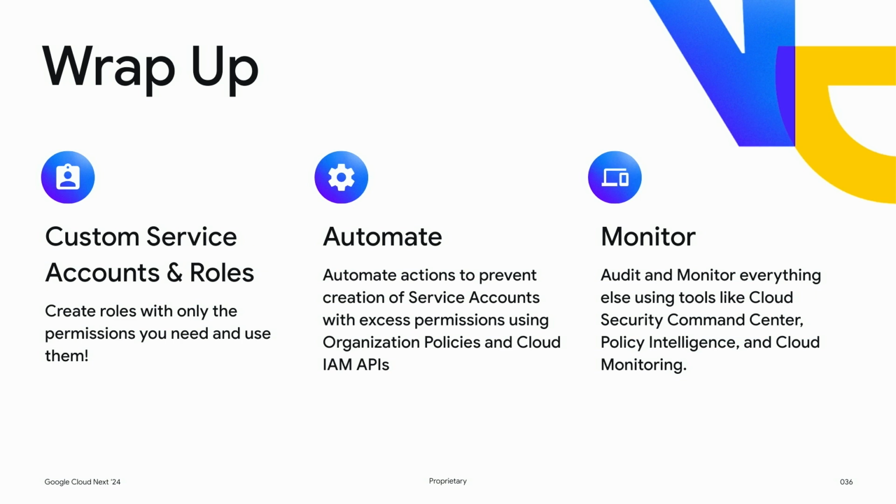It's okay when you're testing things out, but when you go to actually creating things that are going to be used and are actually using data that's important and is important not to be lost, we want to start creating custom service accounts and roles. And we want to create these roles with only the permissions that are actually needed for their particular use case.